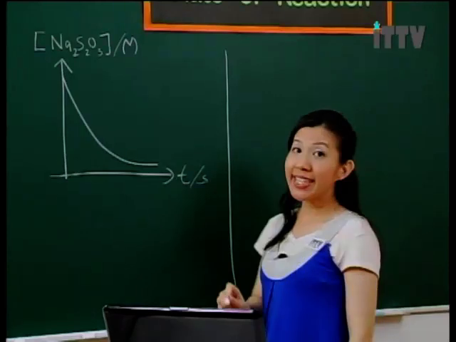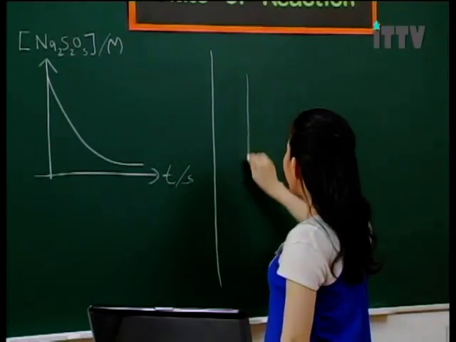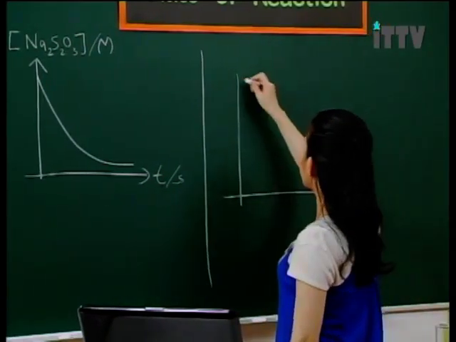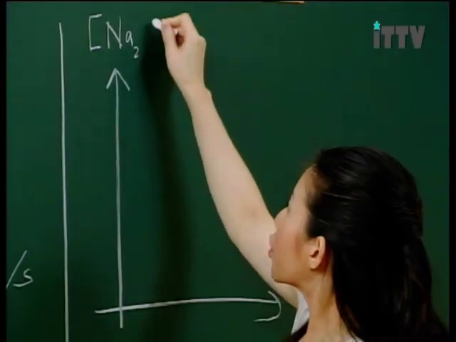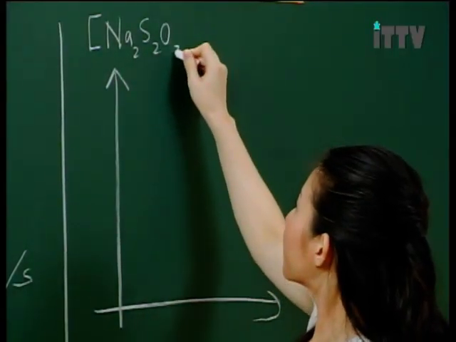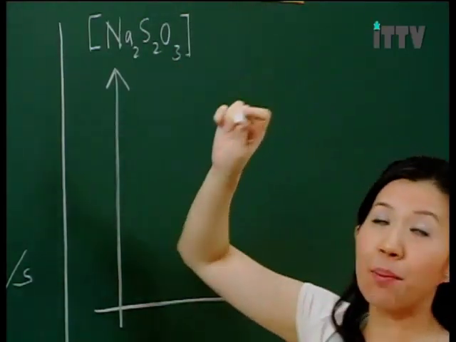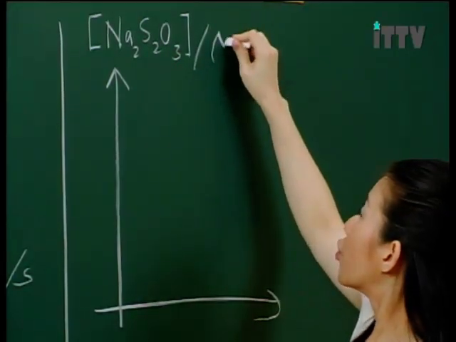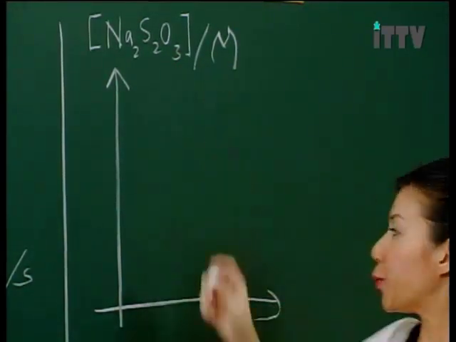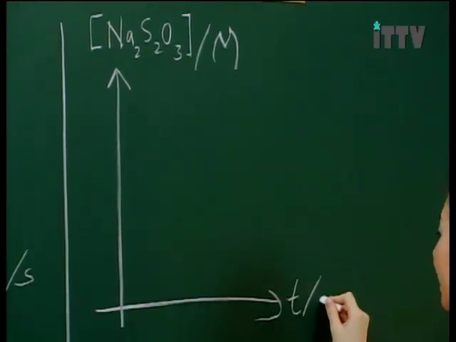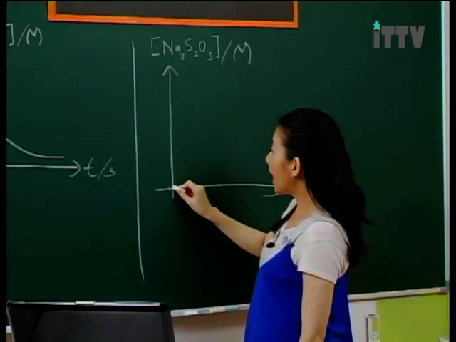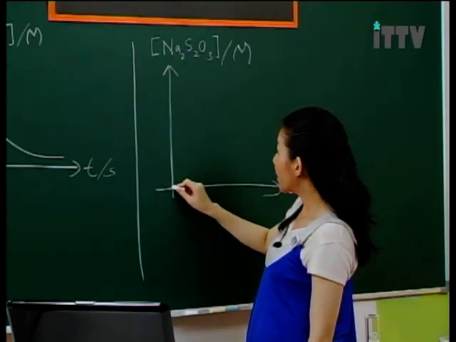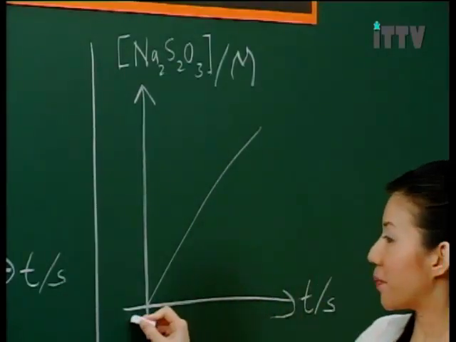Now for the second graph, again we have concentration of sodium thiosulfate, again in molar, which represents mole per dm³, versus time in seconds. Now this one would be a straight line originating from 0, like that.